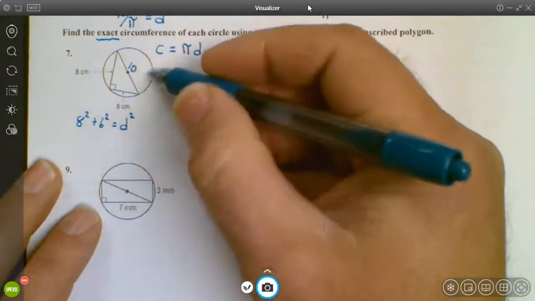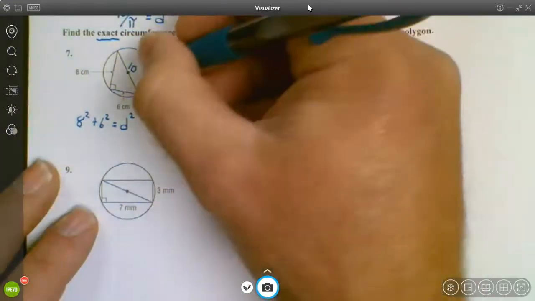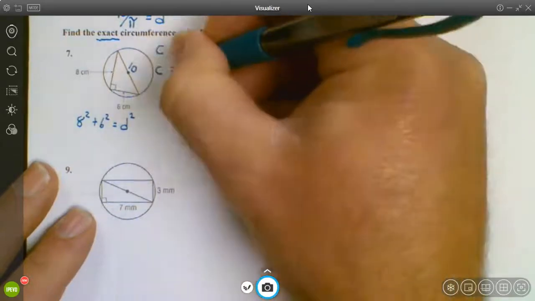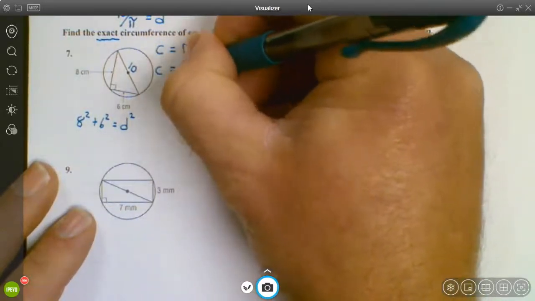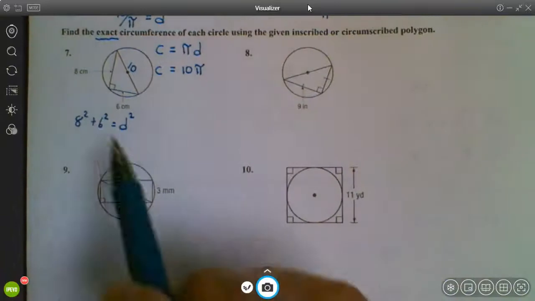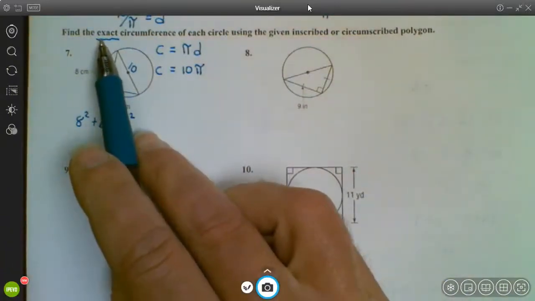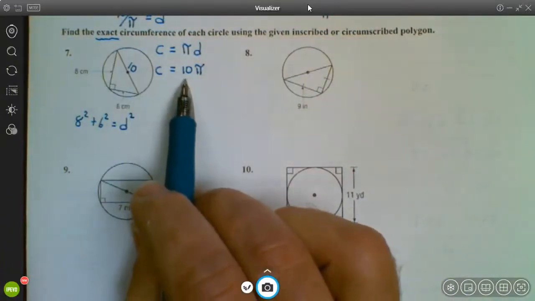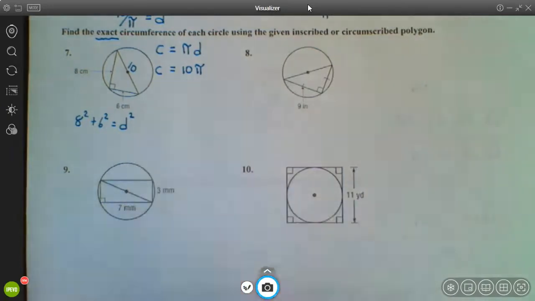But anyway, now that we know that the diameter is 10, I can sub that in for D. Guys, you'll notice on this one, they said find the exact circumference, which means stop there, right? That is exact. Nothing has been rounded yet.